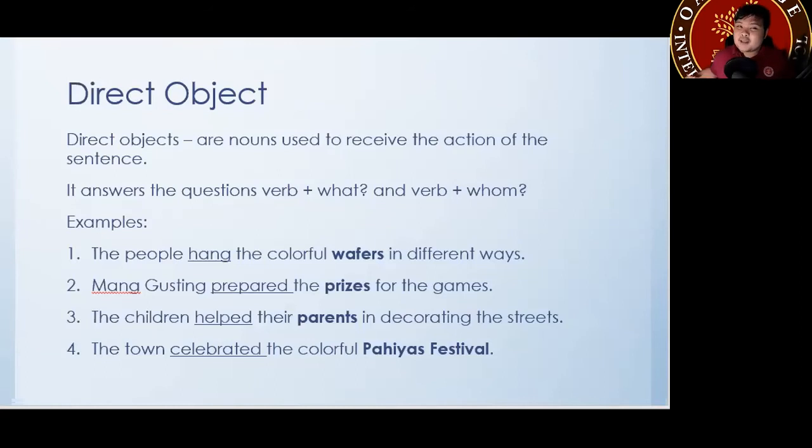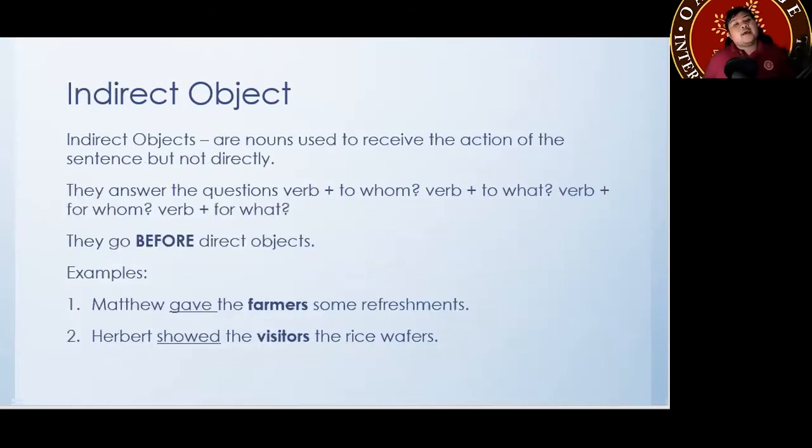Next, indirect object. Indirect objects, guys, they also receive the action, but they are answering a different question. They answer the question verb plus to whom or to what, or verb plus for whom or for what. And they always go before the direct objects.